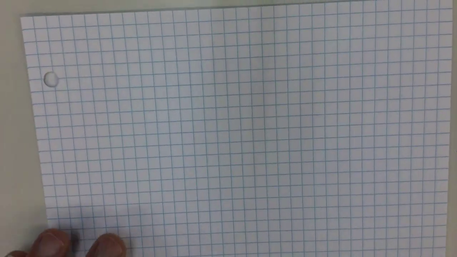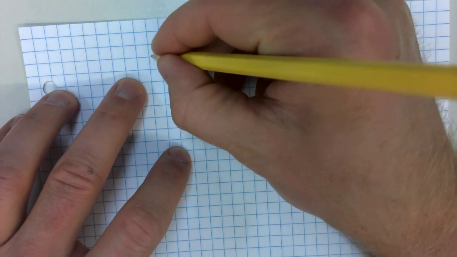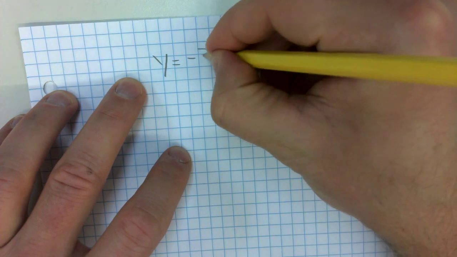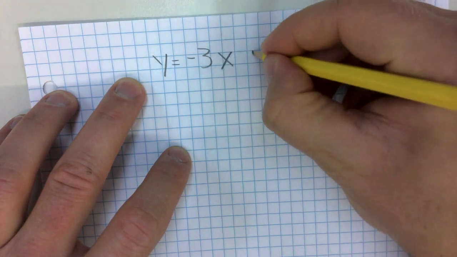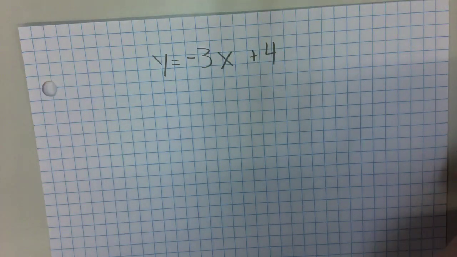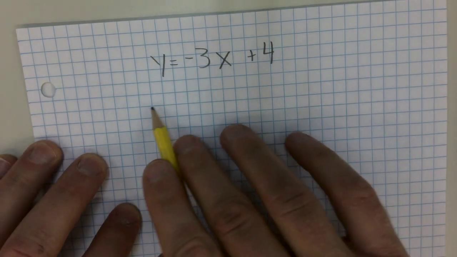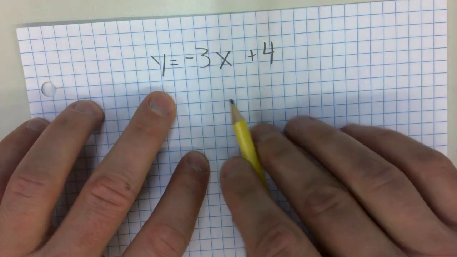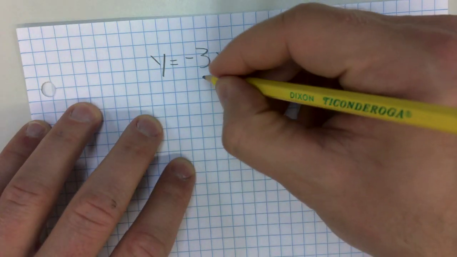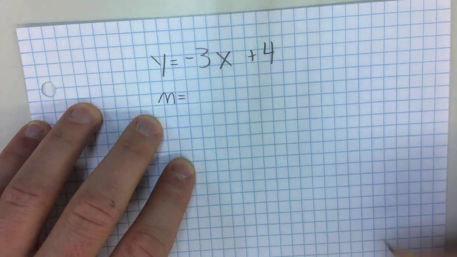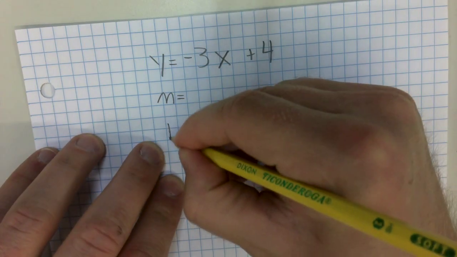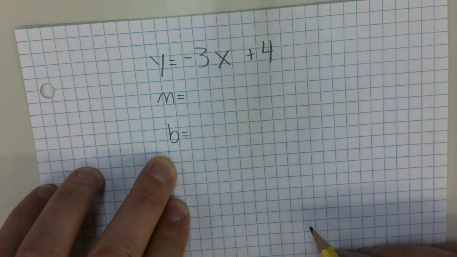We are going to plot the equation y equals negative 3x plus 4. So again, this is written in y equals mx plus b form. So we need to pull out our m, which is our slope, and our b, which is our y-intercept.